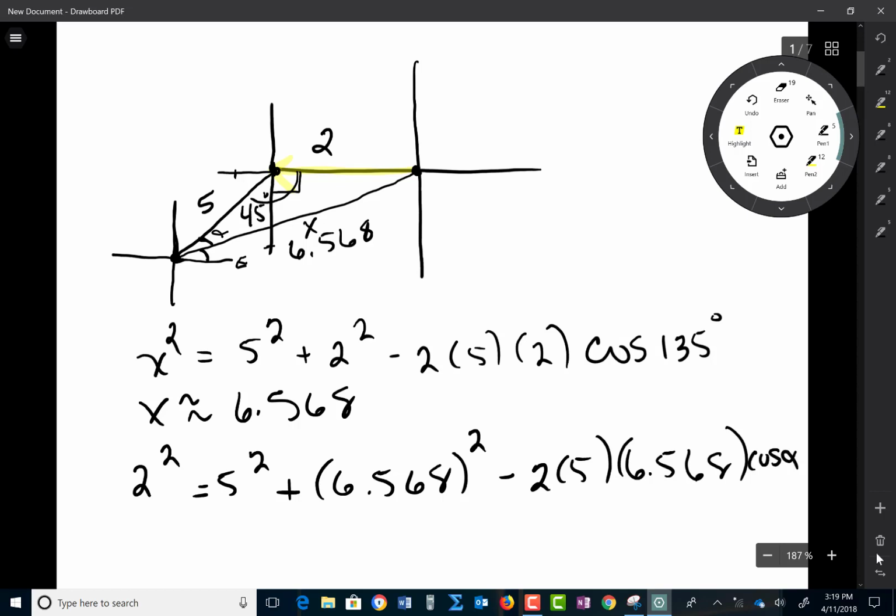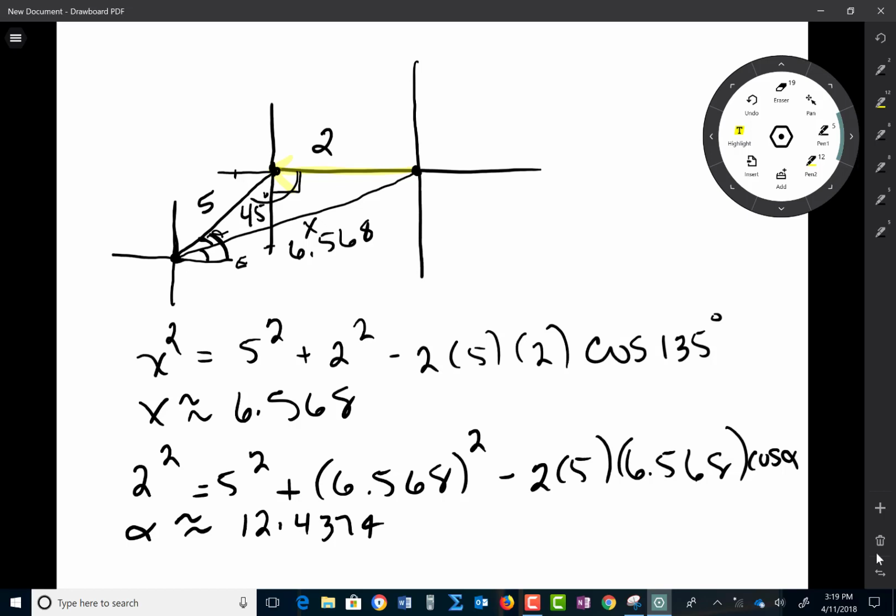And so on that particular one, when I did my math, I got that alpha was approximately 12.4374. And since these two angles together are going to add up to 45 degrees, because this one is 45 degrees.